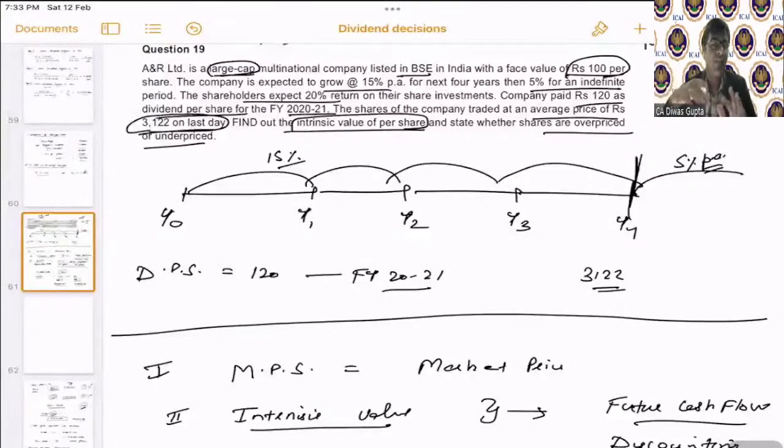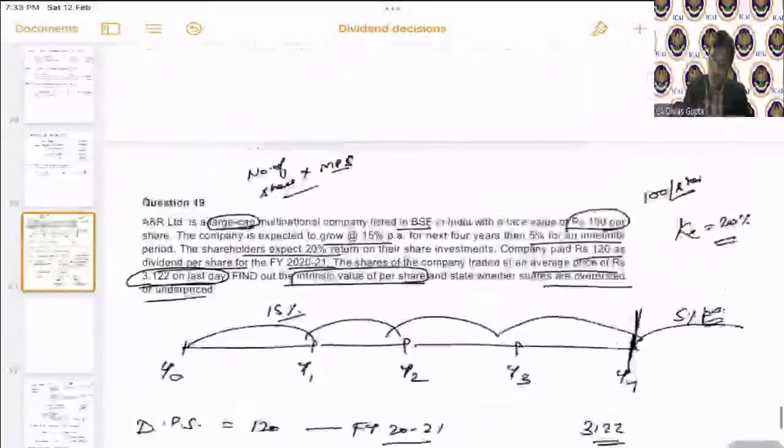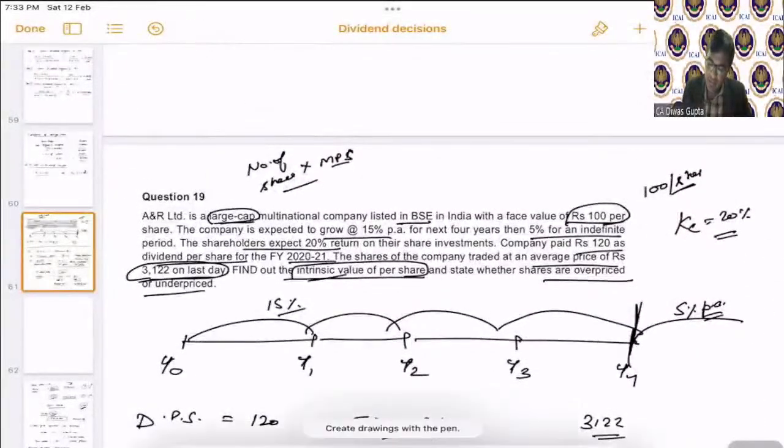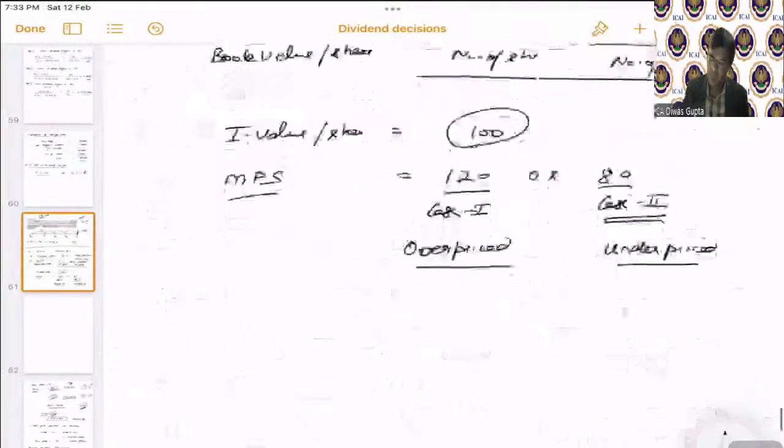Fundamentals means how the future cash flows look, how the current balance sheet holds the entire capital structure, or what the valuation basis is. Intrinsic means something internal. So in this question, intrinsic value refers to the value to be calculated using the dividend discount model, which we are going to calculate now.